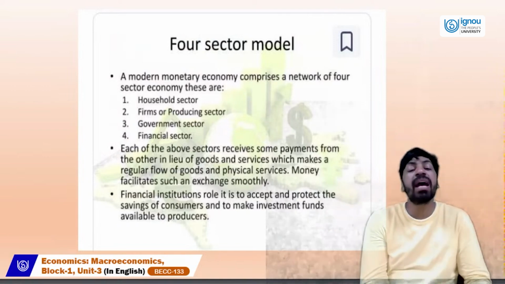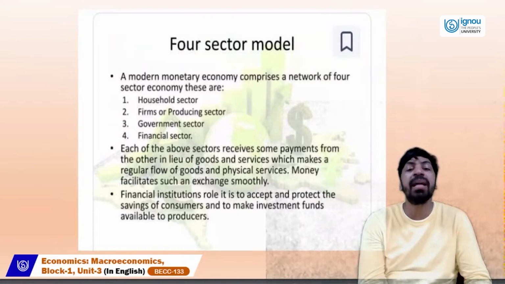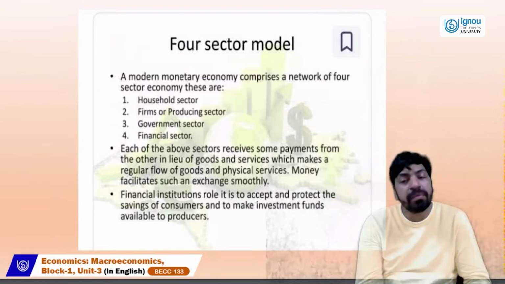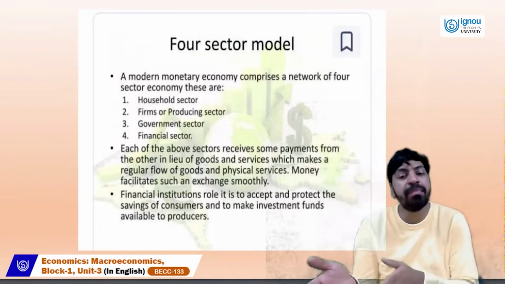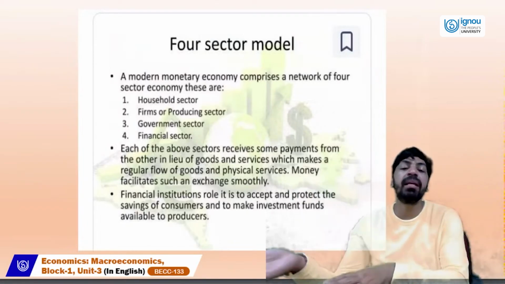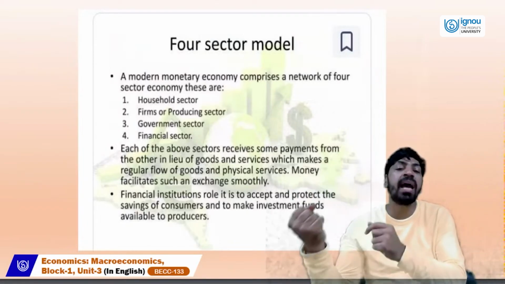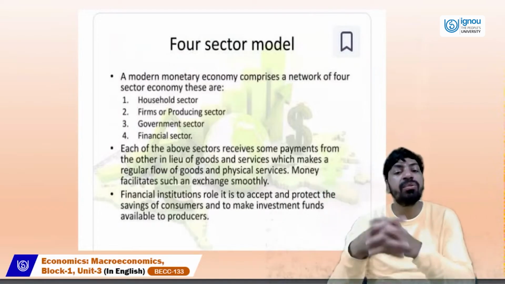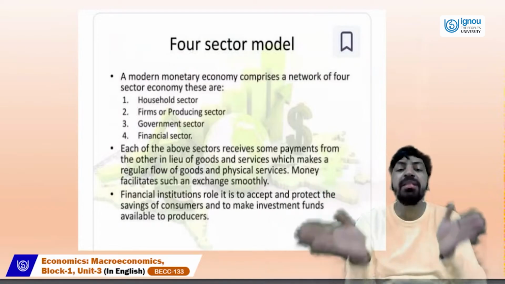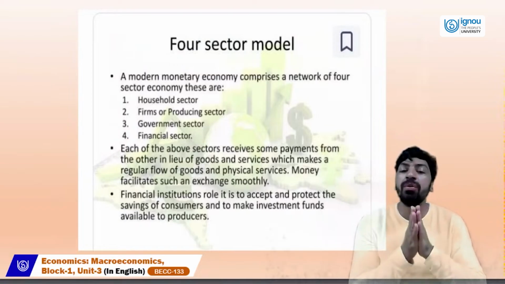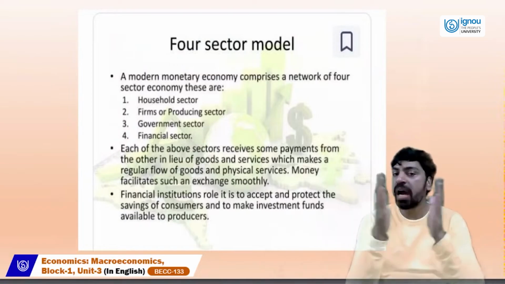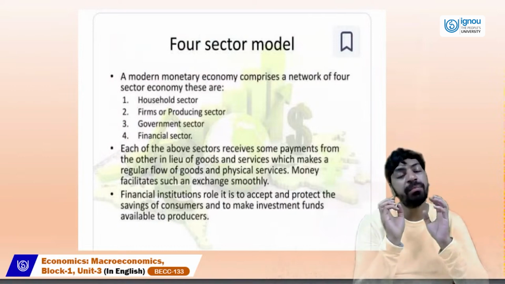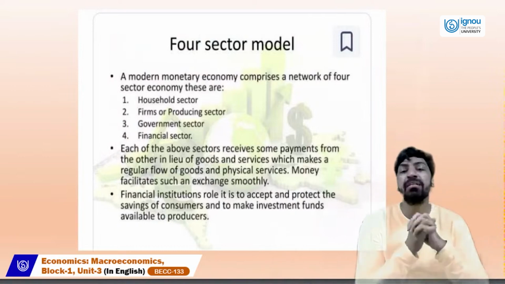It means the financial institutions, which collect money in the form of savings and lend money to their clients and the businesses or organizations, so that the exchange process of income goes smoothly. This is how the four sector model mainly works.